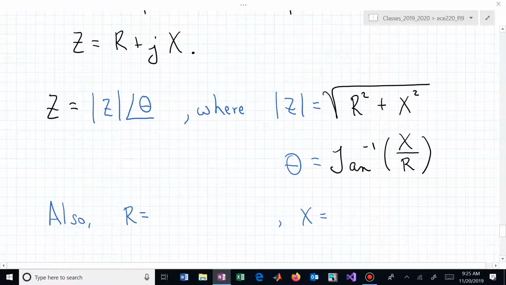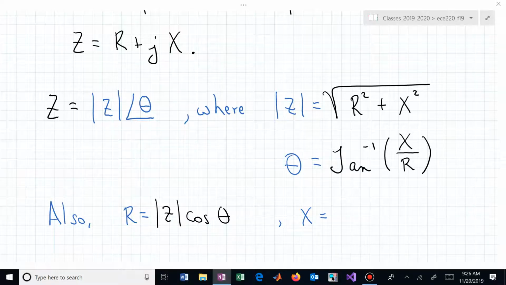You can also then extract the real component and the reactive component by trigonometry. You can say, oh, if I now knew the magnitude and the angle, I can now find the real component by just projecting that magnitude onto the real axis, or the resistive axis in this case.